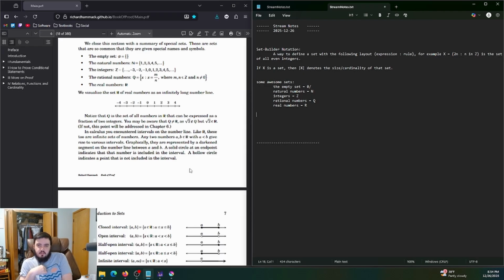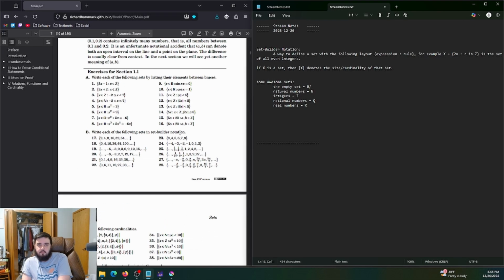Q is the set of all numbers in R that can be expressed as a fraction of two integers, of course. Look at that. We're at the exercises.